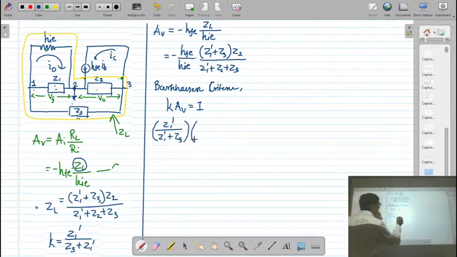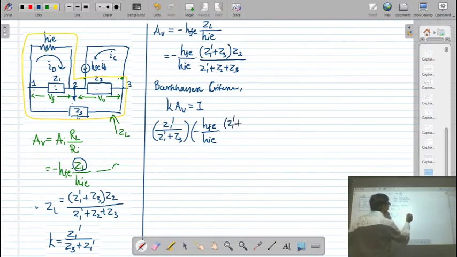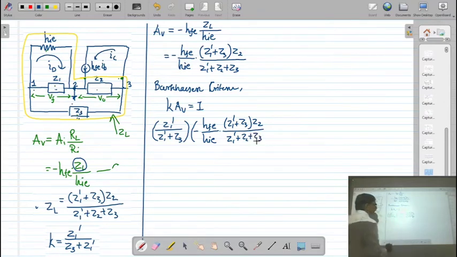Correct? And what is AV? That is minus HFE upon HIE into Z1 dash plus Z3 into Z2 divided by Z1 dash plus Z2 plus Z3, and this is equal to 1.